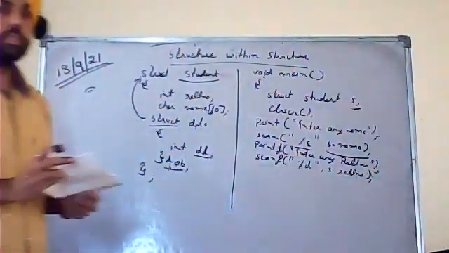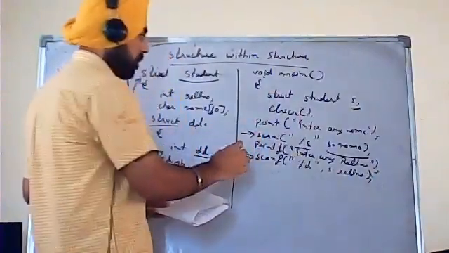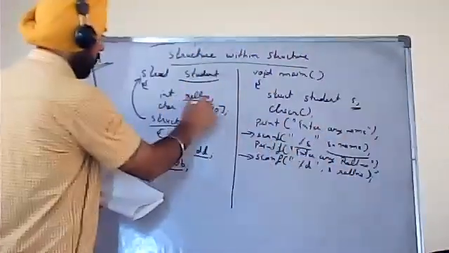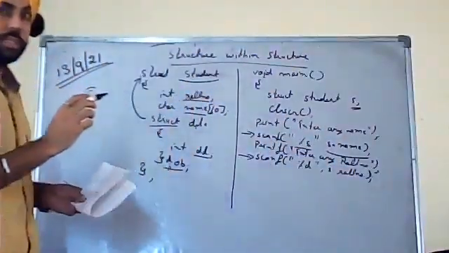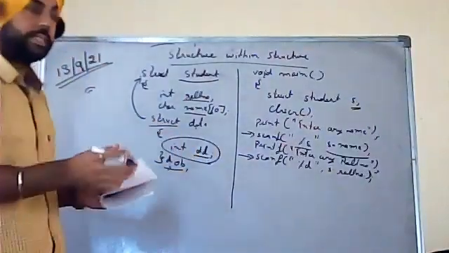So here we use two input values. With the help of scanf, we use two variables, that is roll number as well as name. But we still miss one variable, that is inside the structure.